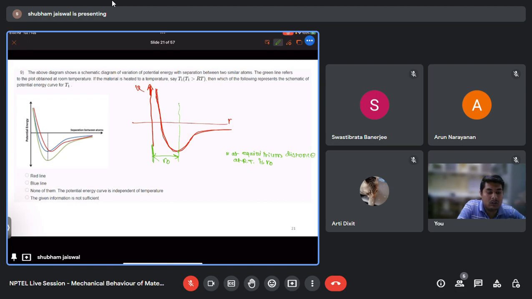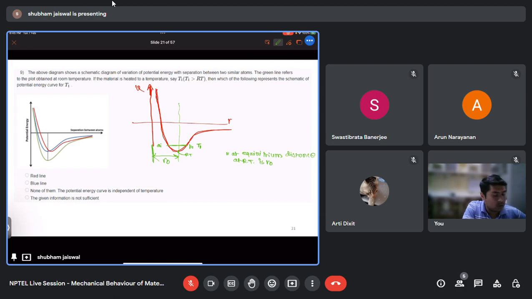The amplitude of vibration increases with the thermal energy. Suppose this is the well at room temperature. Let's say I am increasing the temperature to T1. So the potential will change like this, moving to A1, B1 at temperature T1.